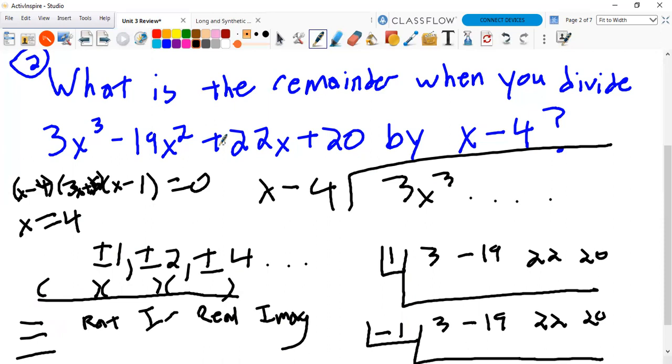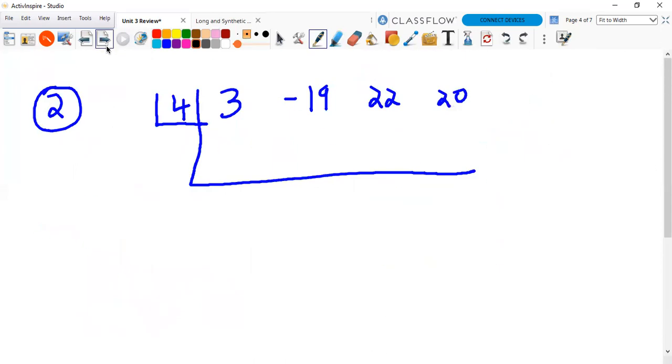So when I go to do my synthetic division with this, I'm going to have to put +4 in my box. I already have that set up right here. 4. Then I get 3x cubed minus 19x squared plus 22x plus 20. Do your synthetic real quick. A lot of these started with 1, but even if it starts with the 3, 3 still comes straight down.